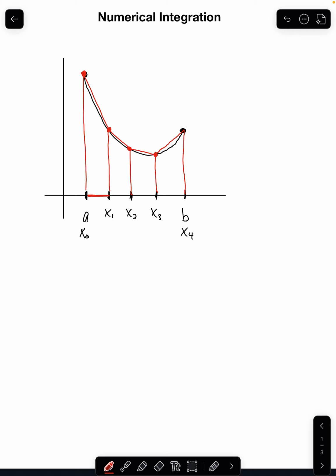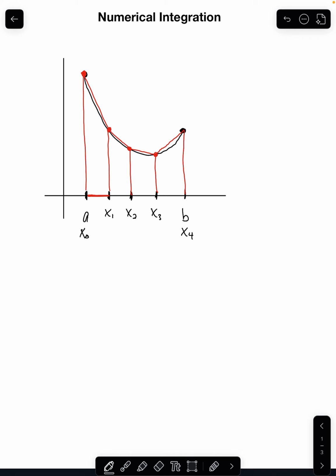So the idea here is to use trapezoids, which is what each of these shapes are. Each shape has 2 parallel sides, these vertical lines at the left and right endpoints of the subinterval. And then connecting the endpoints of those 2 parallel lines are other line segments. That is the definition of a trapezoid.